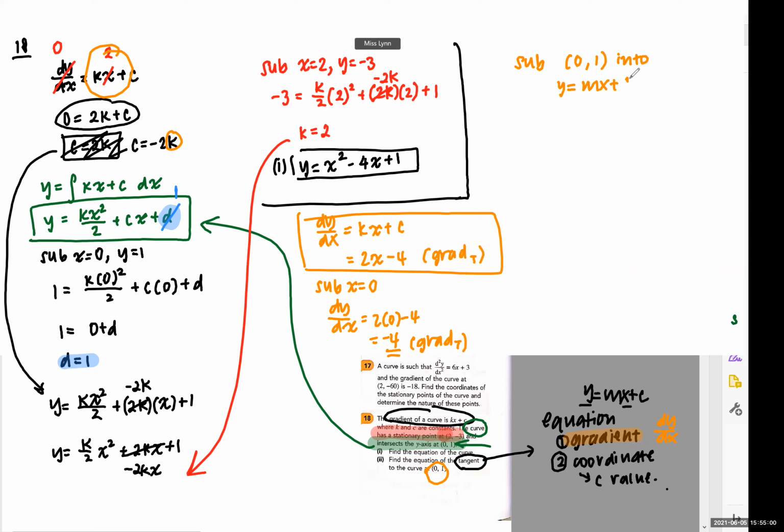The default equation is y equal to mx plus c, and we already have the m, we have the x, we have the y, right? So 1 is equal to, the m is -4, times 0 plus c. Therefore, I know that my c value is 1. And therefore, the equation of my tangent is y equals -4x plus 1. The end. Congratulations, we are done.